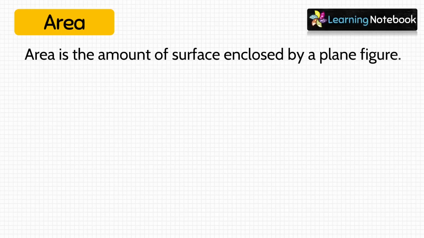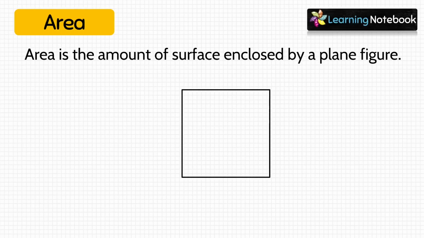So what is area? Area is the amount of surface enclosed by a plane figure. Let's take an example to understand what is area. Let's draw a square. It means we have drawn the perimeter of the square.